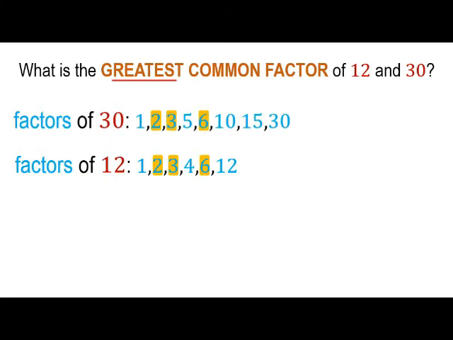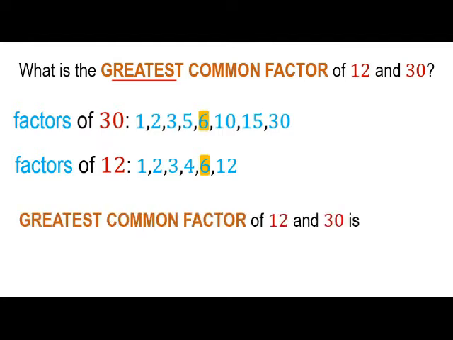It is greatest. Greatest means we need to highlight the common factor which is the largest one. So among 2, 3 and 6, you can easily say that 6 is the greatest one. So the greatest common factor of 12 and 30 is simply 6, right? If you just look at the name, greatest common factor, you can easily find it, right?